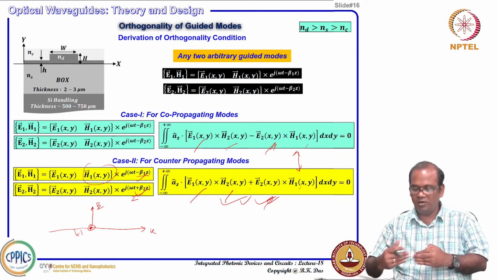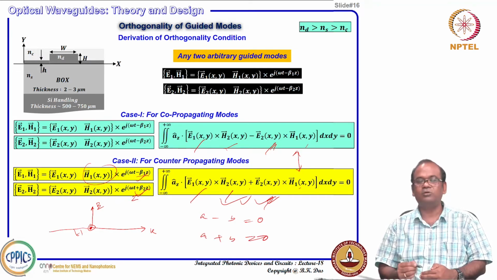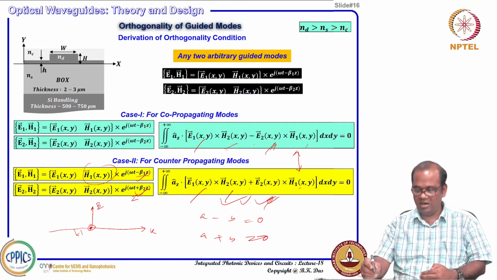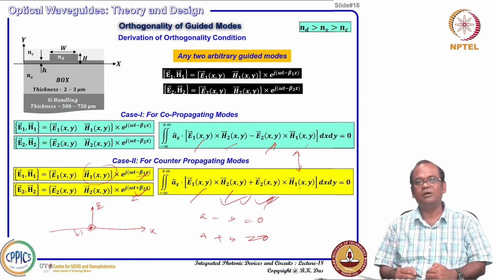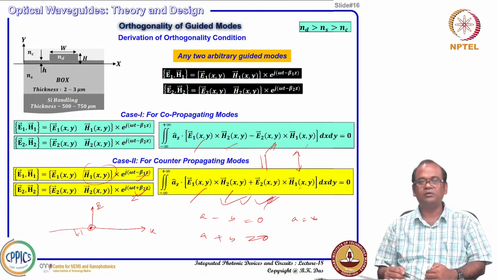If you compare them, it looks like a minus b equal to 0 and a plus b also equal to 0. What does it mean? It means a equals b. Right? So this should be equal then.